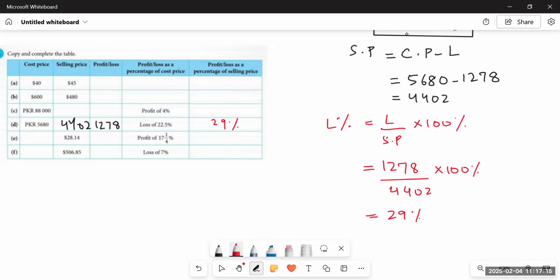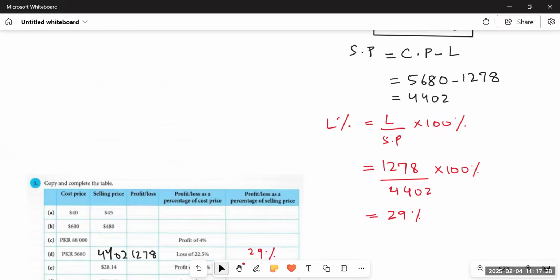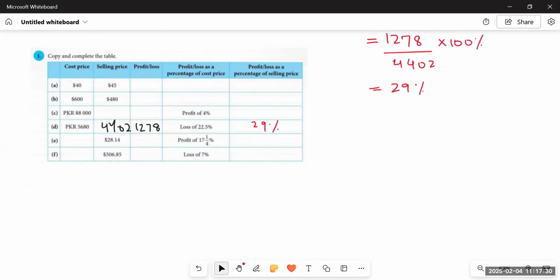So the loss percentage would be simple, 1278 upon 4402 multiplied by 100%, and by solving it, you will get a total of 29%.